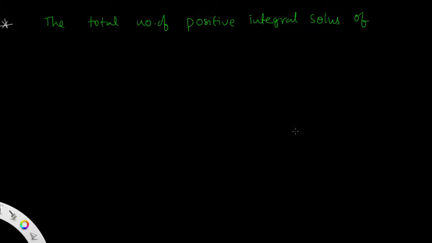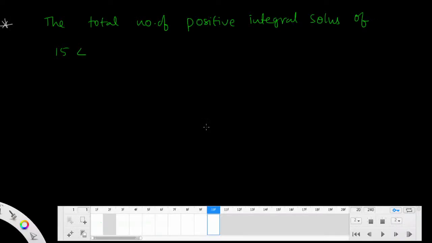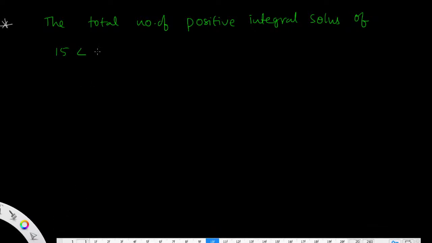The total number of positive integral solutions of 15 less than x1 plus x2 plus x3 less than or equal to 20 is k.